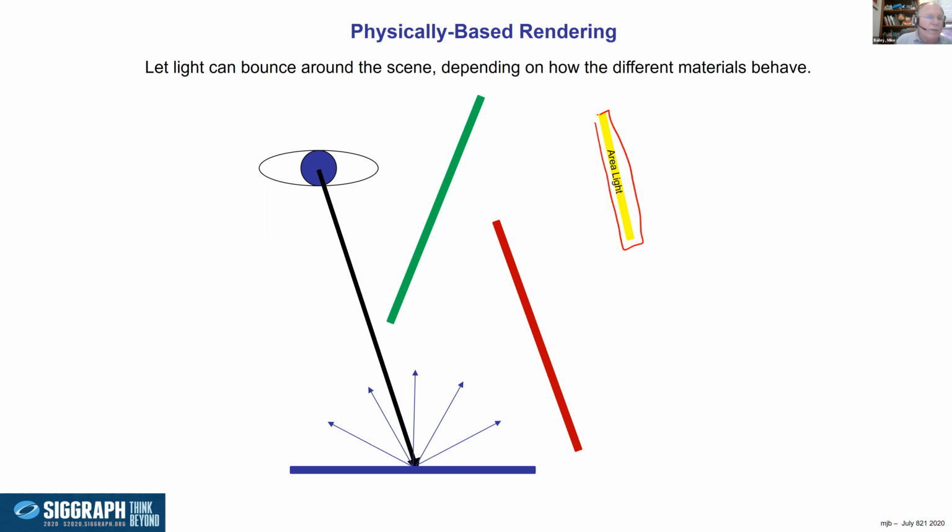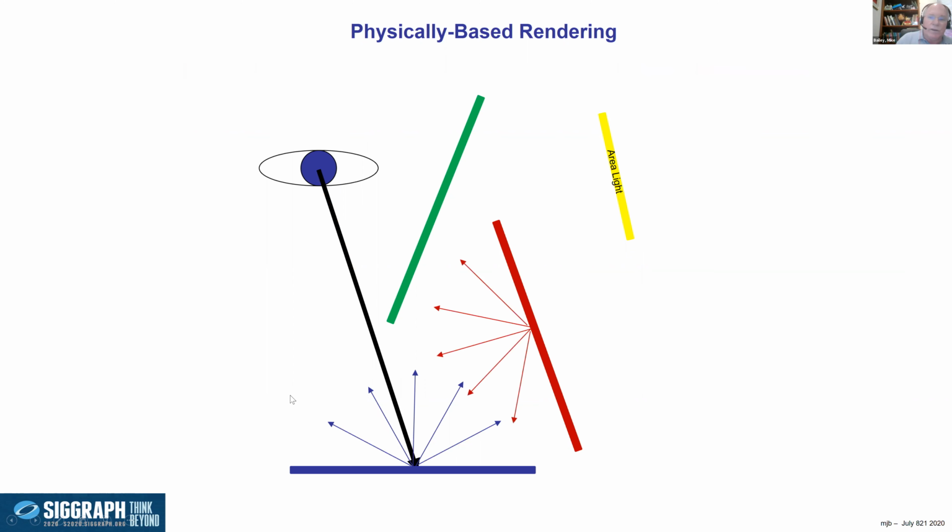What you care is what the eye can see. So if the eye is right there, let's trace backwards. And so if we trace backwards, this blue surface has a certain BRDF. We're going to say it looks about like this. And now we trace each one of those.